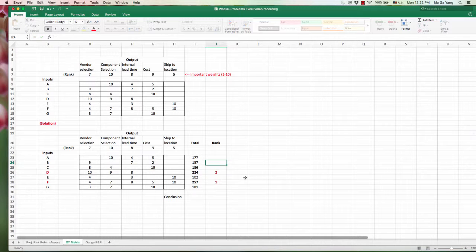And the next one is input 3, rank 3. And then rank 4, and rank 5, 6, and then 7.